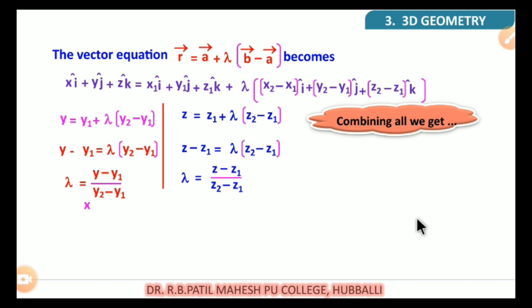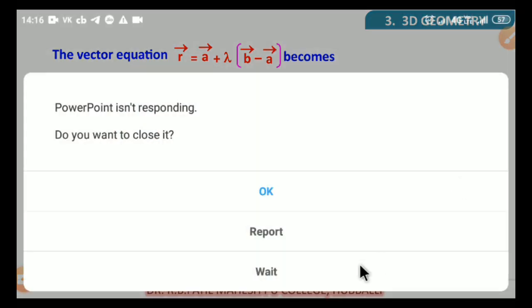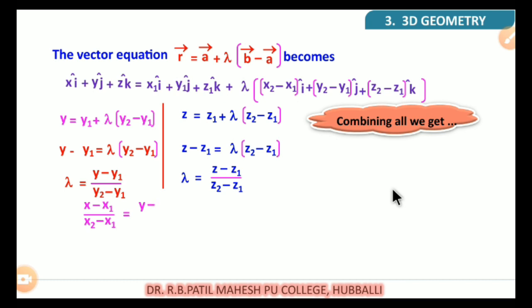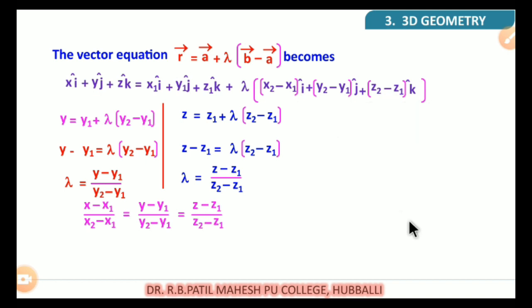So we have (x minus x1) divided by (x2 minus x1) is equal to (y minus y1) divided by (y2 minus y1) is equal to (z minus z1) divided by (z2 minus z1). So this is the required Cartesian form of equation of line in second form.